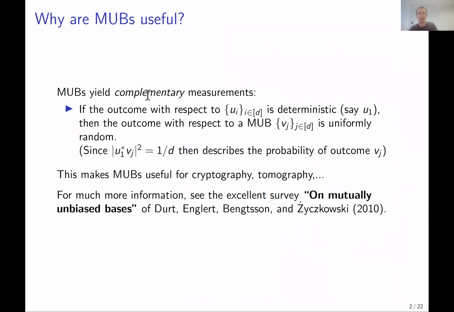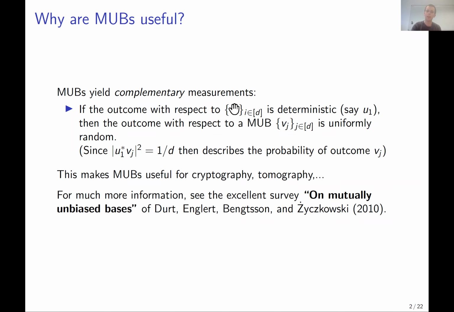So just a brief word about why MUBs are important for quantum information theory. You can imagine that if you are in, let's say, a crypto setting, then it's nice to be able to construct an object such that if another party measures this object in the wrong basis, they just get a uniformly random outcome. And this is precisely what happens with MUBs.